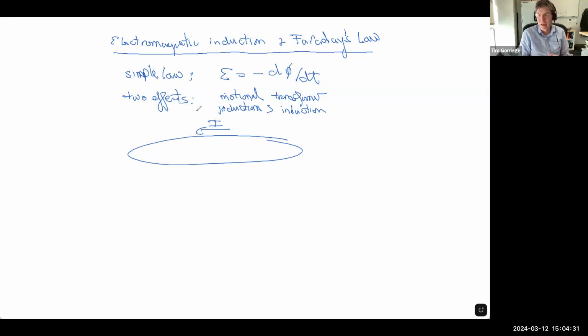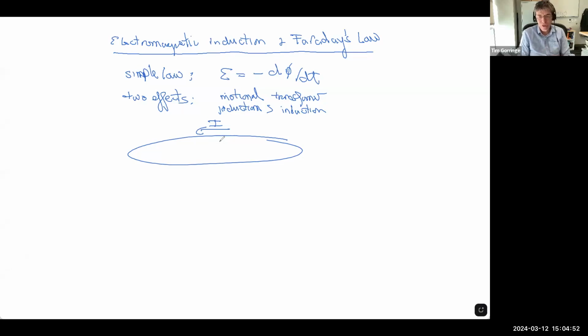To help us, let's imagine the induction in a thin loop of wire. It could be a nice circular loop, it could be a simple rectangular loop, or it could be any shape of loop. So I've sketched a loop of wire here.